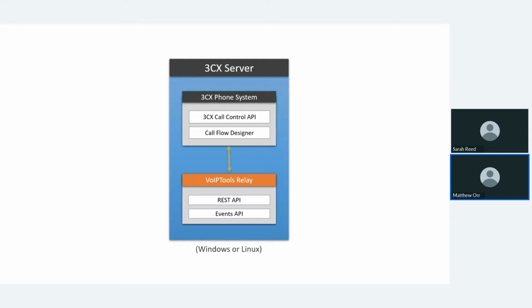The relay, in turn, forwards any requests it receives to the 3CX phone system's call control API. Conversely, the call flow designer can make requests of our VoIPTools relay and get information that wouldn't normally be accessible through the call flow designer.